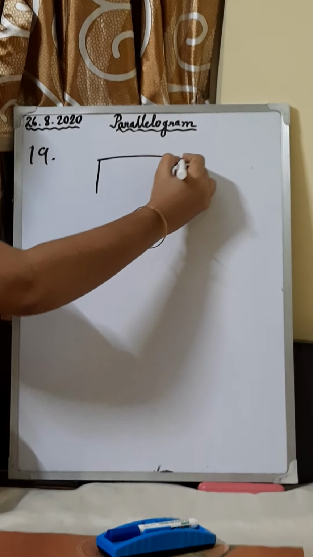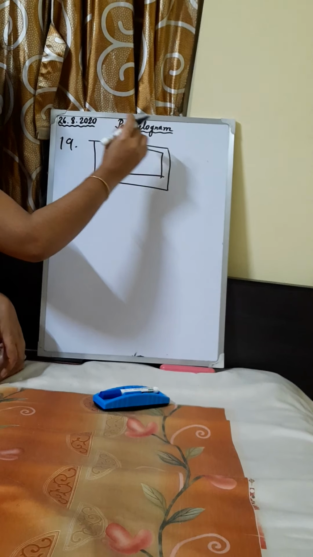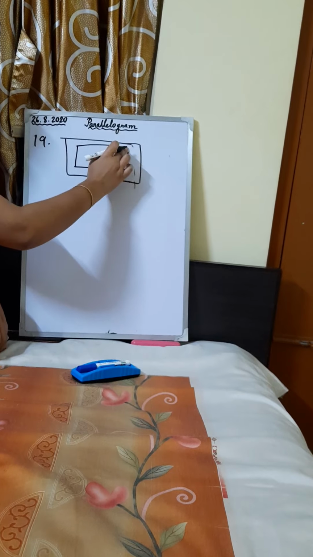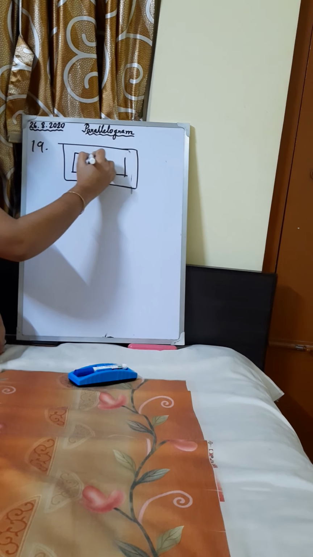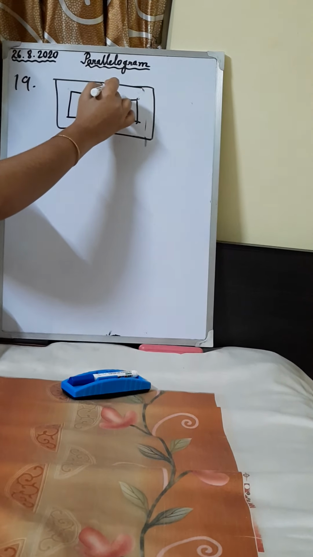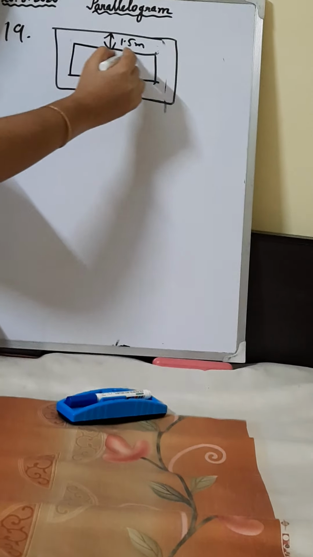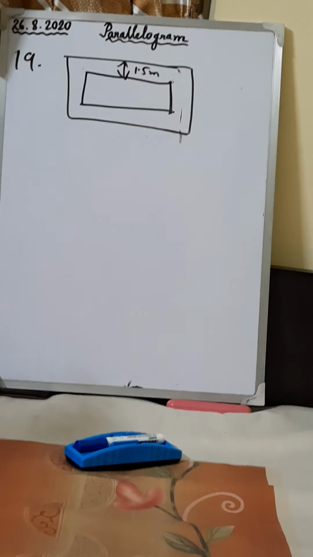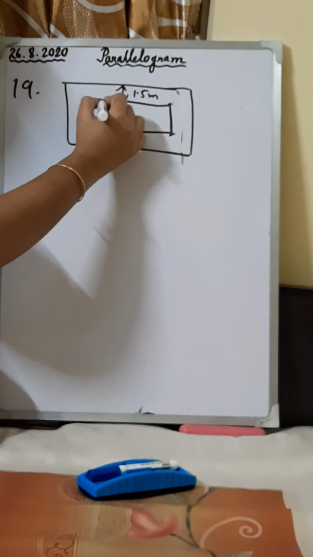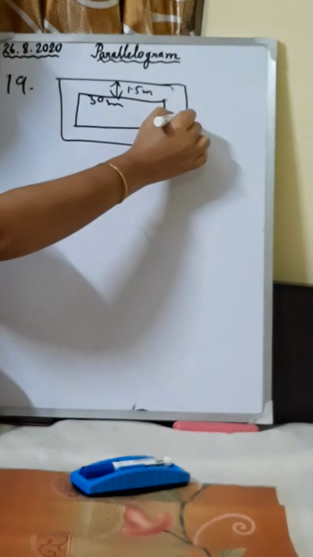What is the perimeter of the plot with the path? In this manner, this is 1.5 meter, the path width, and the rectangle is given 30 meter and this side is 20 meter.